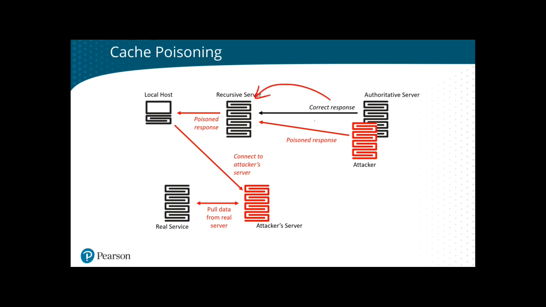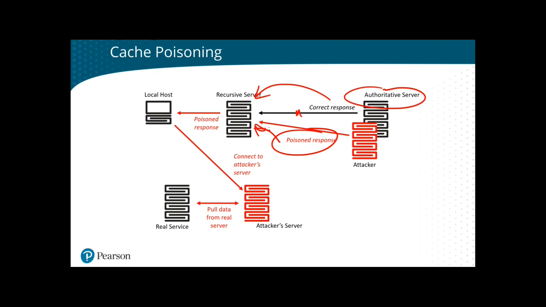An attacker who has access to anything in this path, able to see packets and DNS responses, can, a few moments after the authoritative server responds, send a poisoned response. Because the recursive server doesn't know the difference between the correct and incorrect response, it will simply accept the later response as the correct response.